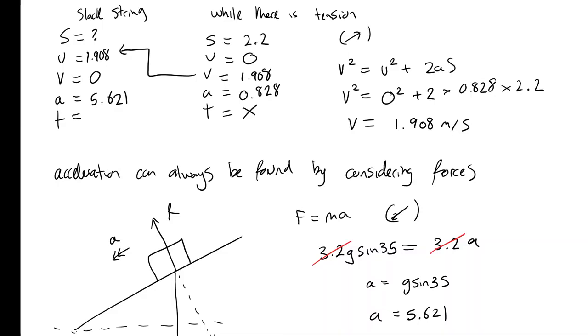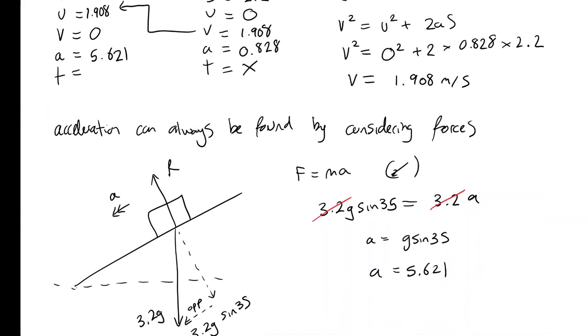Now we have enough information in this SUVAT in order to find how far B travels. So we want the equation that doesn't have time in it, so again, v squared equals u squared plus 2as.